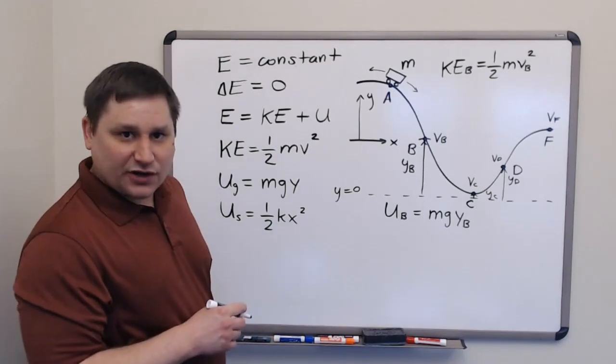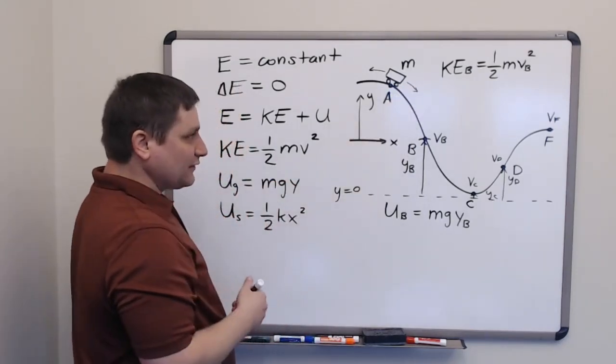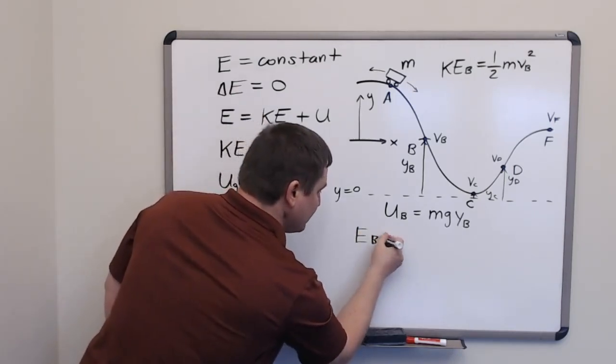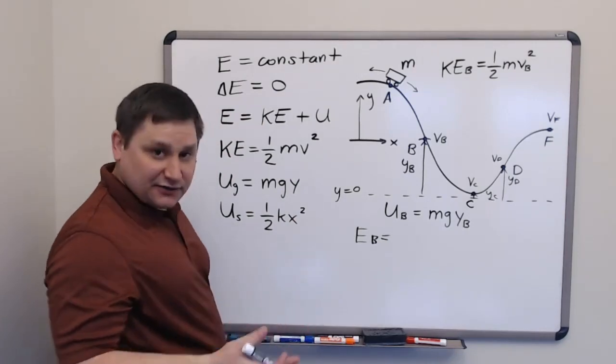So let's look at what the total energy would look like then. We've been drawing these formulas for location B, so let's continue. The energy at location B would then be the sum of all kinetic energies and potential energies in the system.